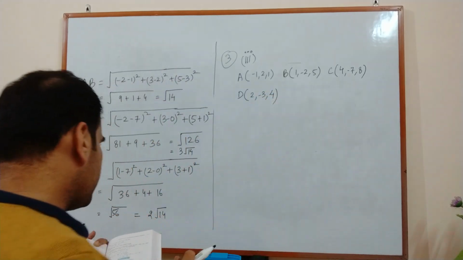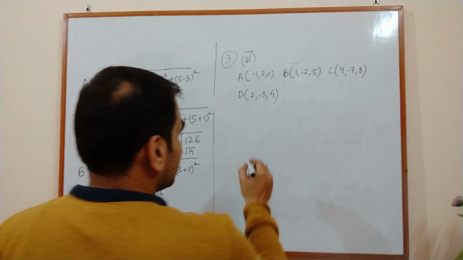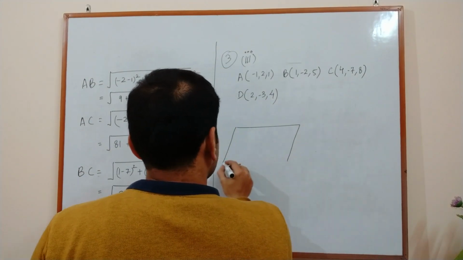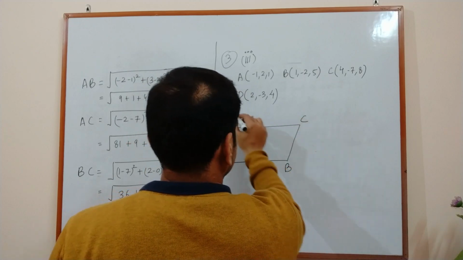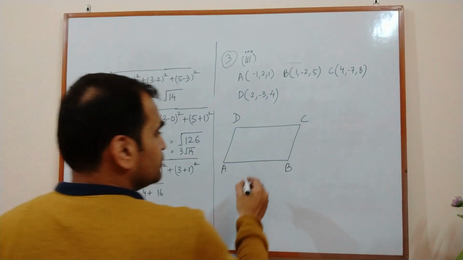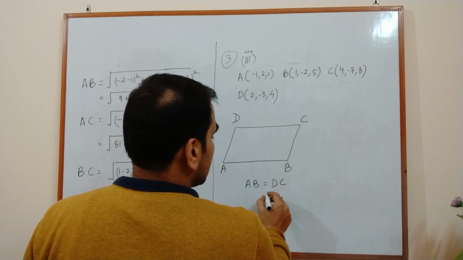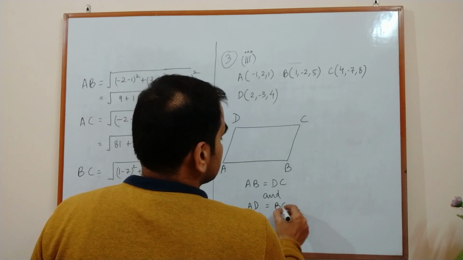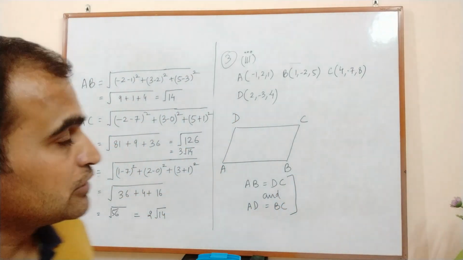Now we have to verify that the following points are the vertices of a parallelogram. Okay, so for the condition of a parallelogram, if AB is equal to DC and AD is equal to BC, meaning both pairs of opposite sides are equal, then it will be a parallelogram.